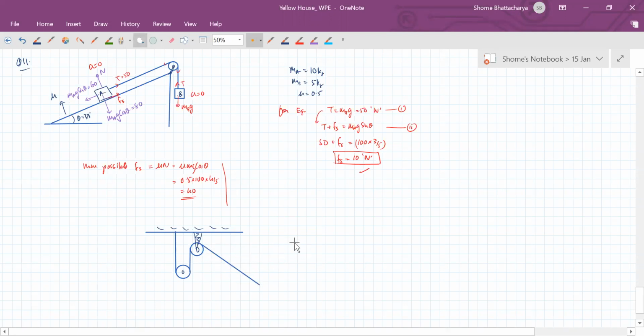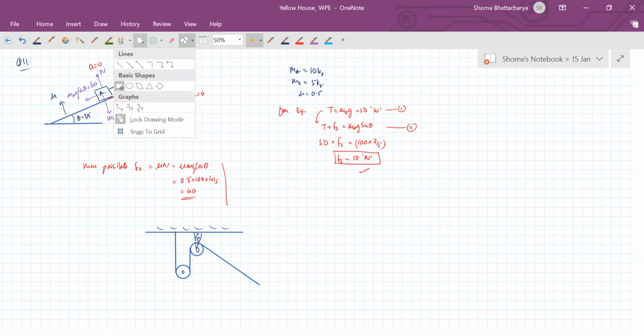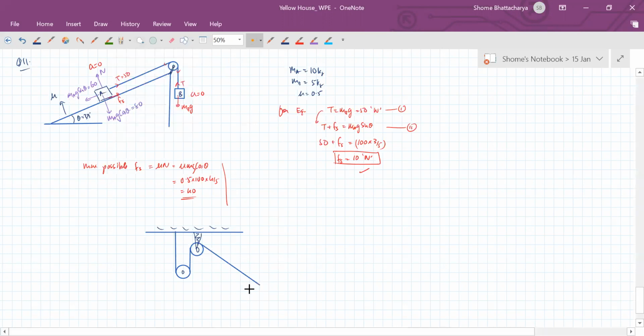Okay, so this is like this now. Okay, so the block B moves down with a velocity of 10 meters per second.